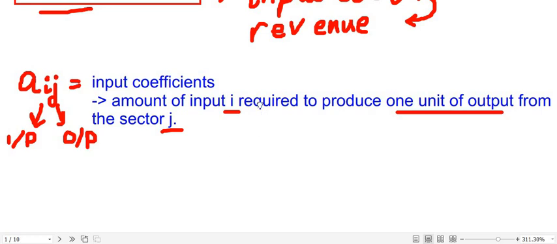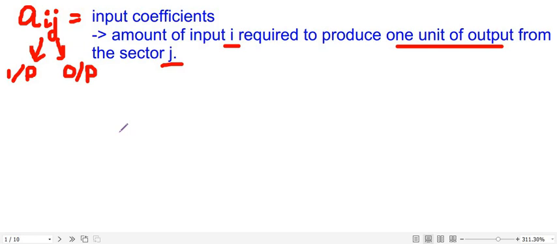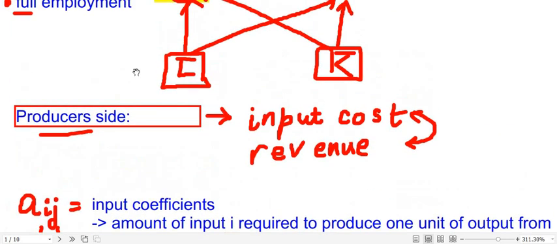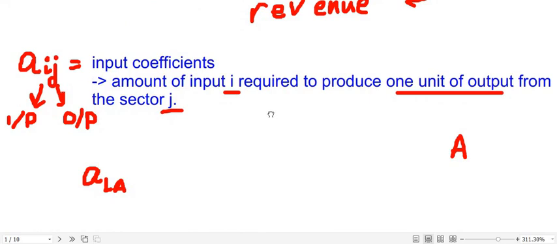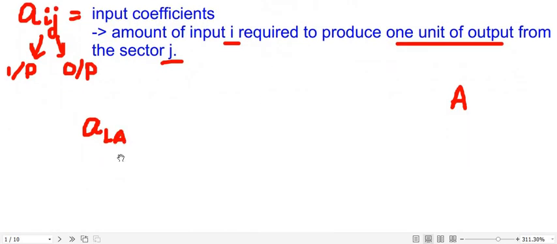Let me take one example, then it will become easier to understand. Let me assume that I want to produce the output of sector A. Let me call this sector A, which stands for the agricultural sector, as I have mentioned in the previous video. So if I think of the letter ALA, ALA will mean the amount of labor, because the first letter is L, and I have mentioned that L stands for labor in the economy that we have assumed. So L stands for labor and A stands for agricultural sector.